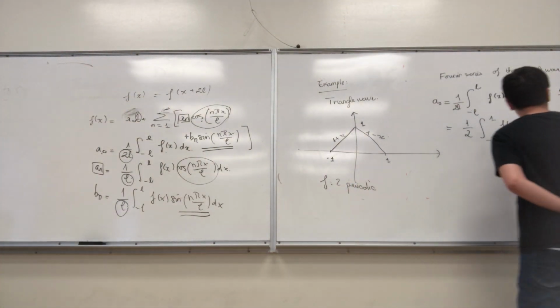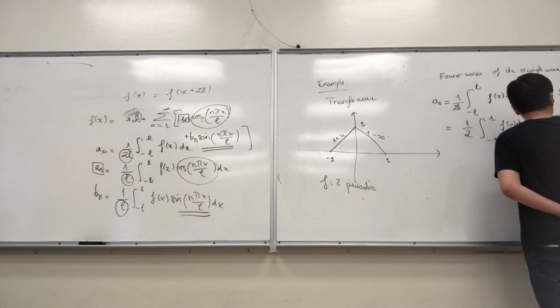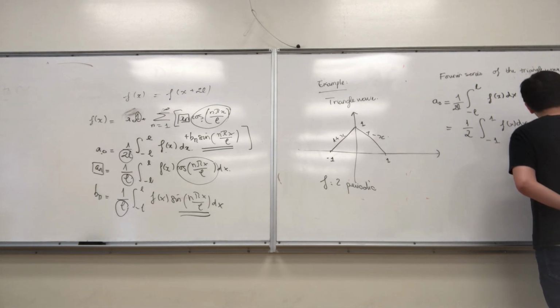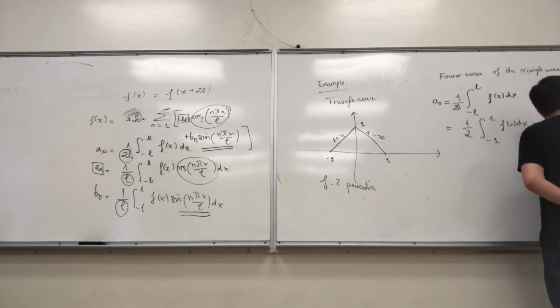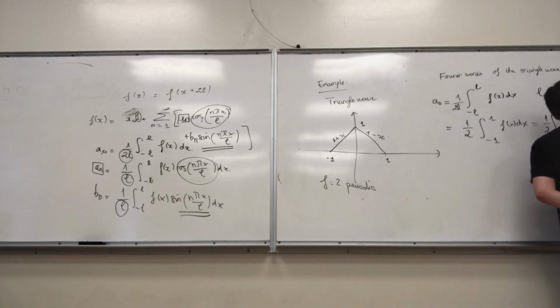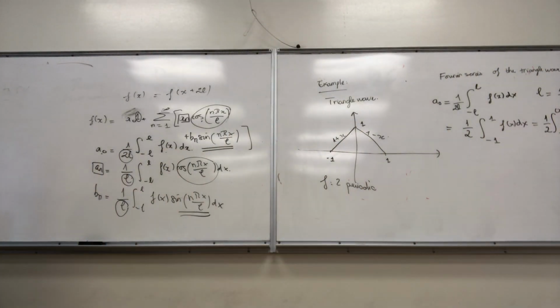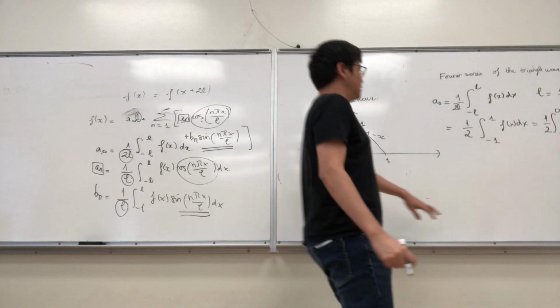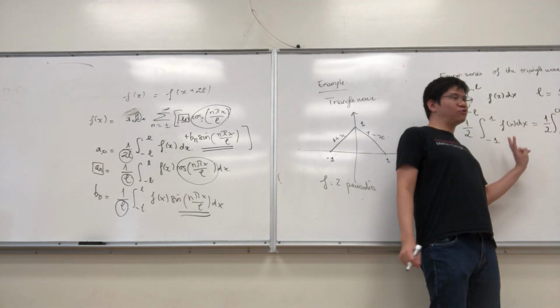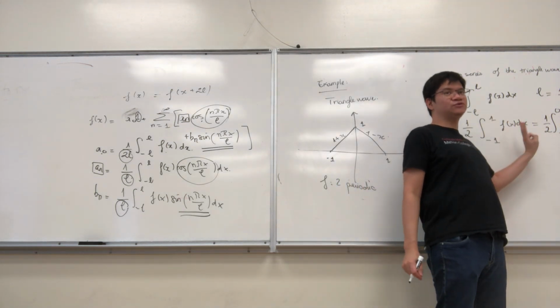So what you do now is you split this into the sum of the integral from minus 1 to 0 of f(x) dx and the integral from 0 to 1 of f(x) dx. Right? So you split the integral from minus 1 to 1 into two integrals.